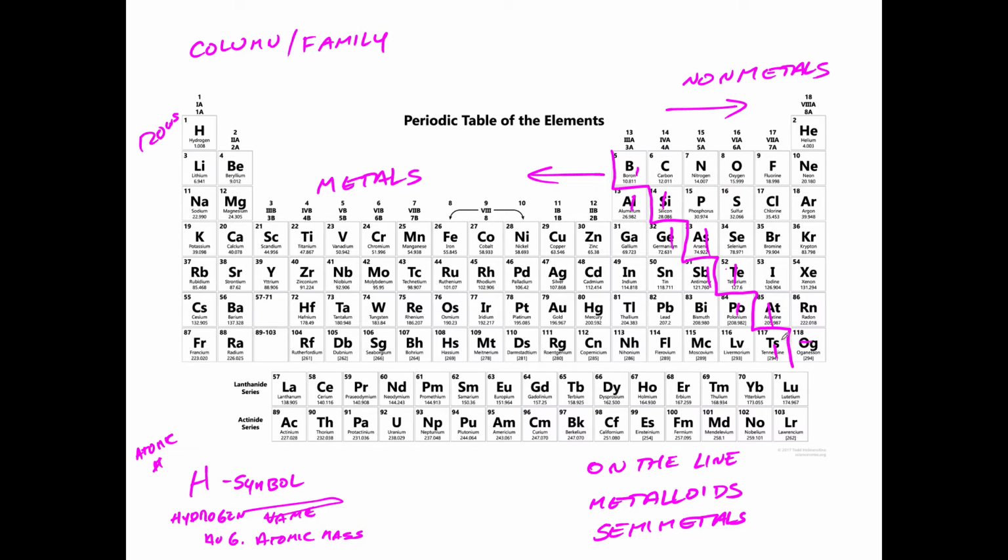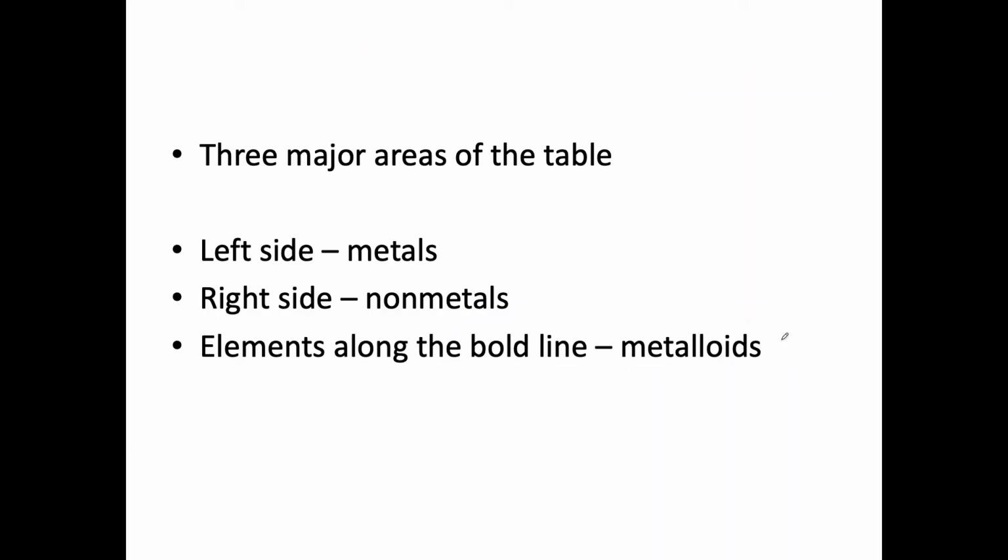And this is what makes working with chemistry very interesting. This is what makes us explore what's going on and make new elements, new compounds, and so forth. So just to reiterate, the left side is metals, the right-hand side non-metals, and the elements along the bold line are metalloids.